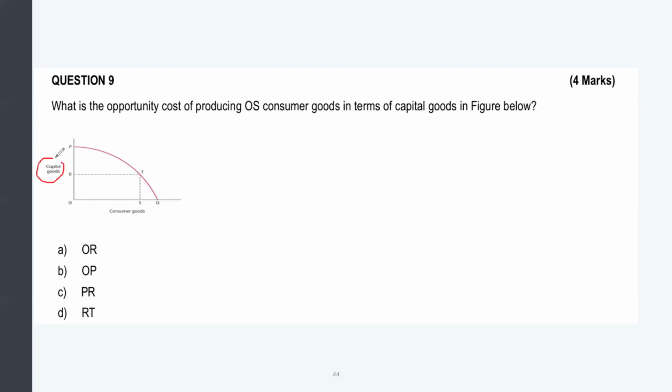We can produce either capital goods or consumer goods, right? So if we use all of our resources towards capital goods, we produce here. So that is OP. If we use all of the resources for capital goods, right?